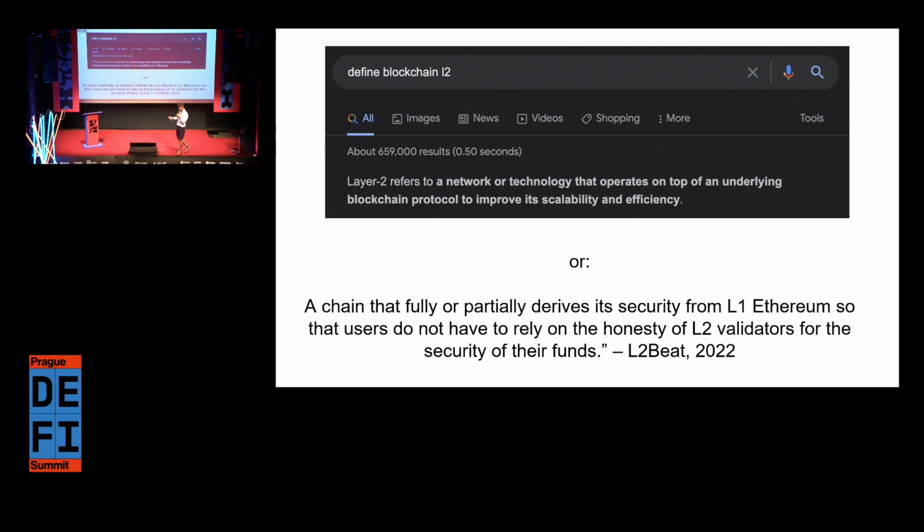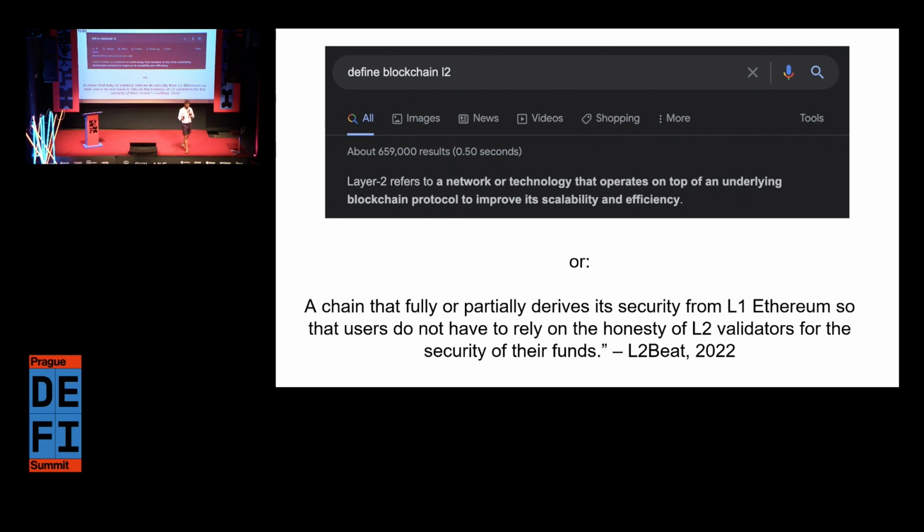If you looked up the definition of an L2 a year ago, you would have found these two. They are basically changing every week now, and if you follow crypto Twitter, you will know there's a big mess when it comes to terms. So I don't want to get involved with this too much.